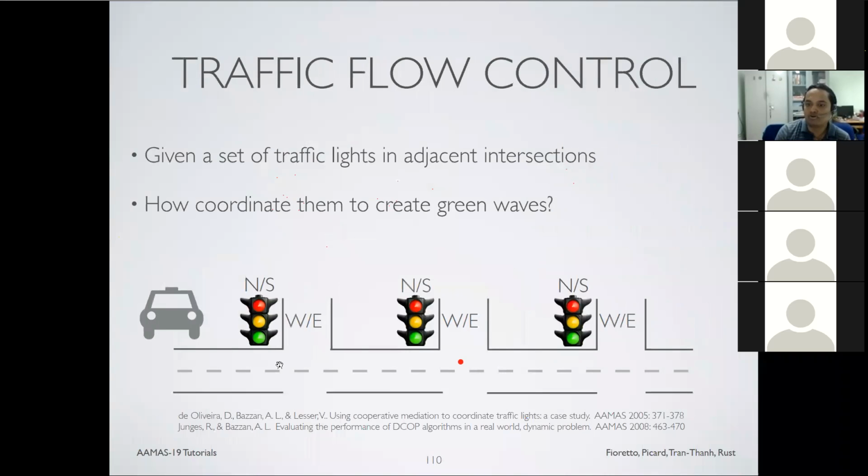Then traffic flow control. Given a set of traffic lights at adjacent intersections, how do we coordinate them to create green waves? The term green waves is a very fantastic term. In India, you are familiar with traffic signals.